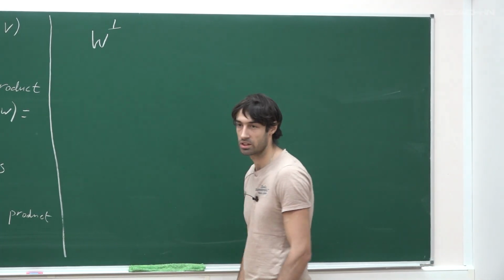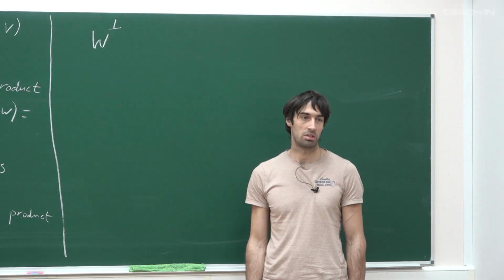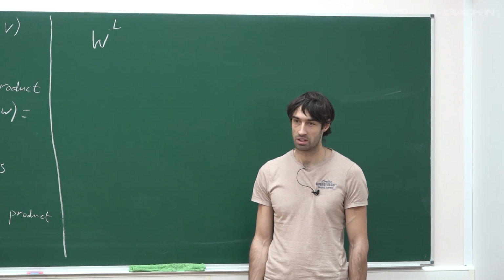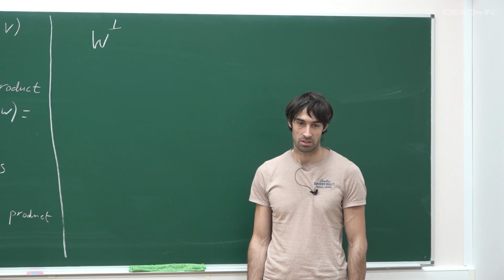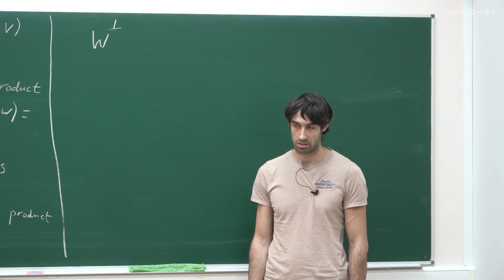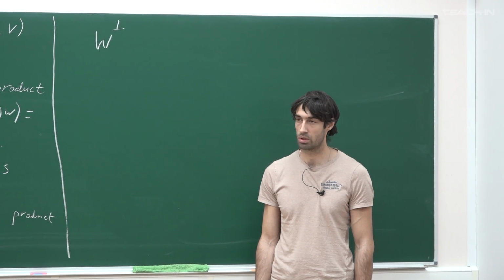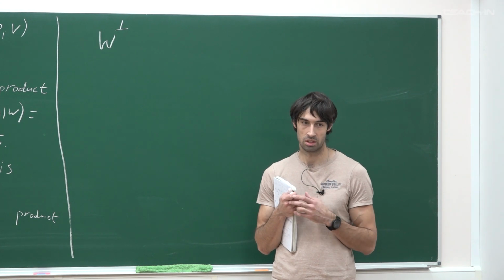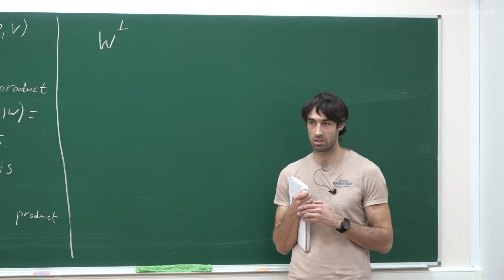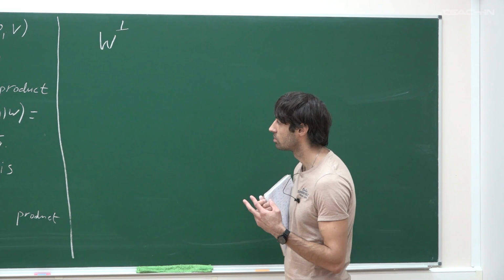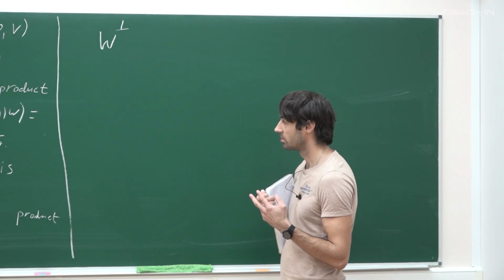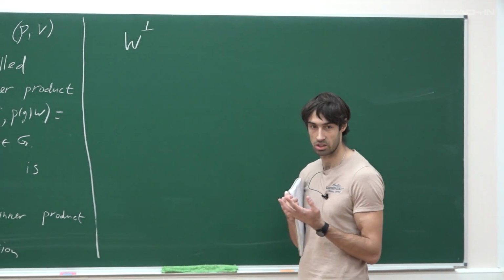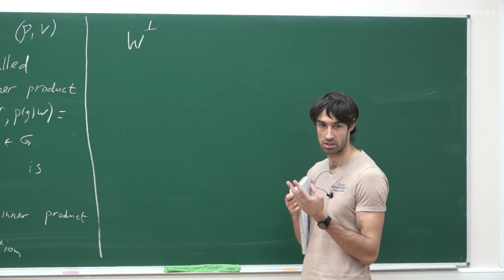By the way, does everybody understand what an inner product is? It's a linear form which is symmetric, non-degenerate. Well, we have a complex representation, so it's Hermitian, half linear. Also it's non-degenerate and positive definite.